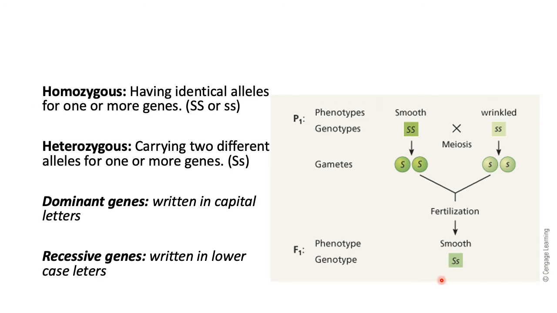And in this case it will be heterozygous, carrying one dominant trait and one recessive trait. But even though it's heterozygous, as long as the dominant gene is there, that dominant gene will be expressed, which is smooth. So by convention, dominant genes are written in capital letters, and recessive genes are written in lowercase letters. So make sure you know this, especially when you're making a Punnett square.